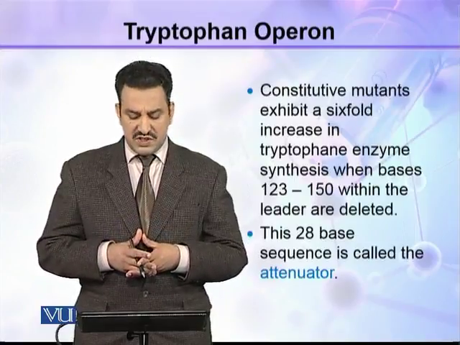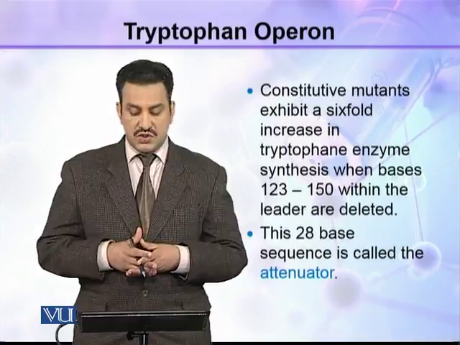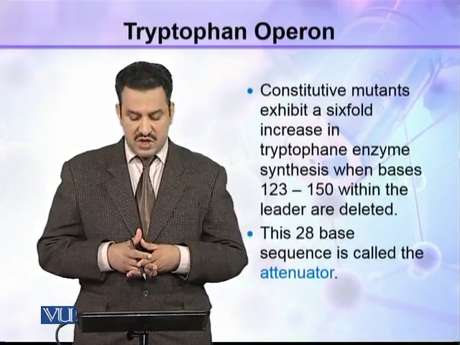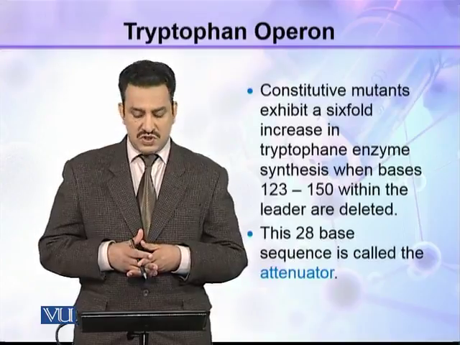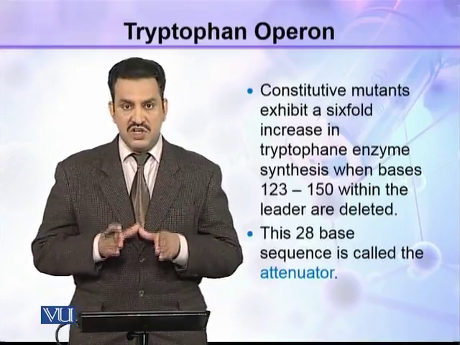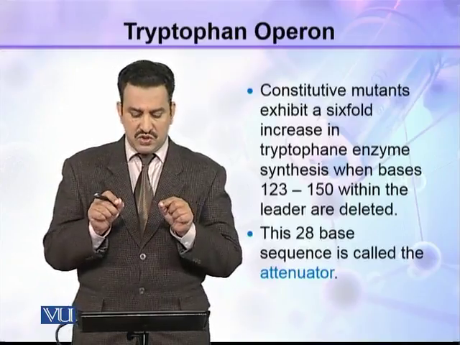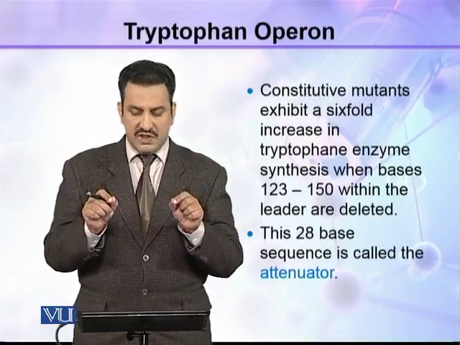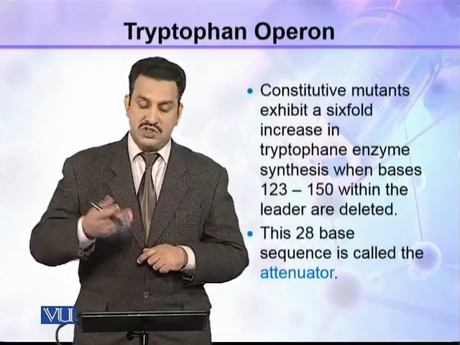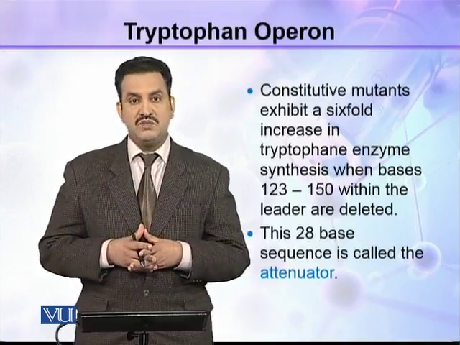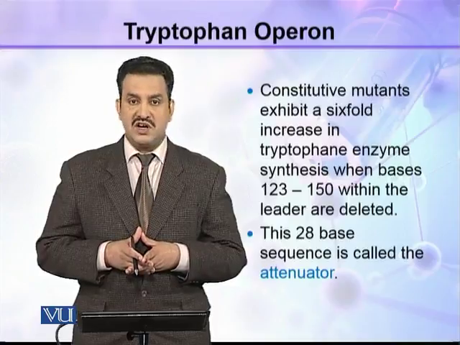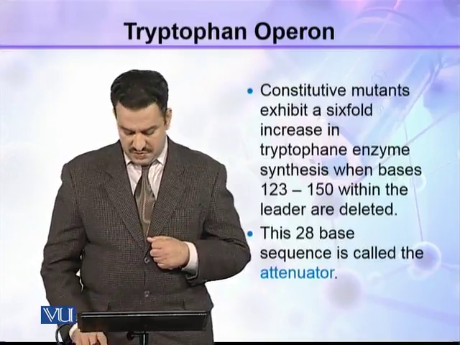Constitutive mutants exhibit a sixfold increase in tryptophan enzyme synthesis when bases 123 to 150 within the leader are deleted. So if this portion, 123 to 150, is deleted, there is a 6-fold increase in tryptophan enzyme synthesis. This 28 base sequence is called the attenuator.